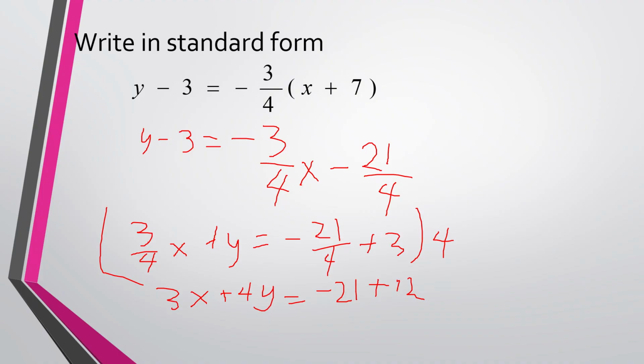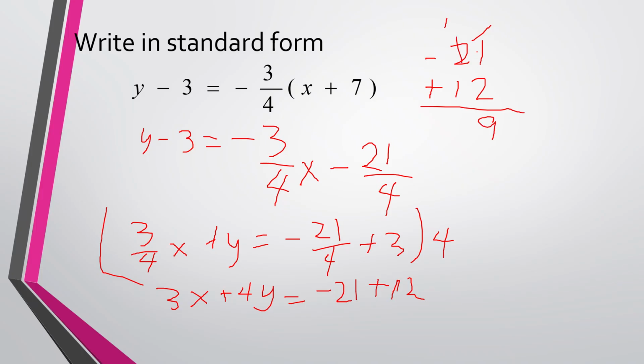Now, we need to subtract 21 minus, or negative 21 plus positive 12. So ito, sa addition of integers, if the two numbers have different signs, you need to subtract. Okay, so we have here, this will become 11. 11 minus 2, that's 9.